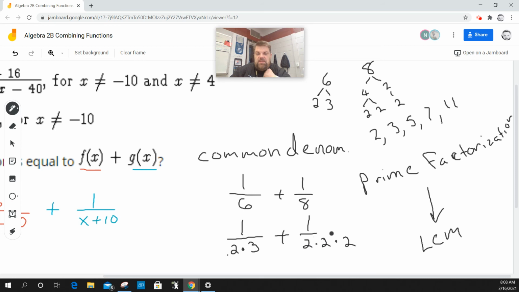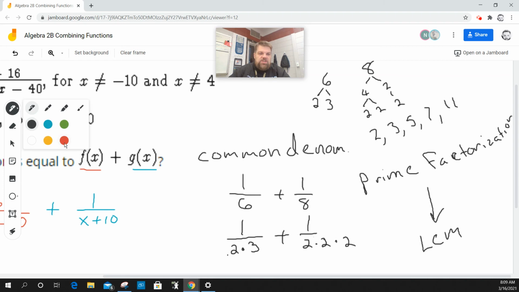So then, to find the lowest common multiple, they all have to share something, right? You have to break it down to the lowest power.